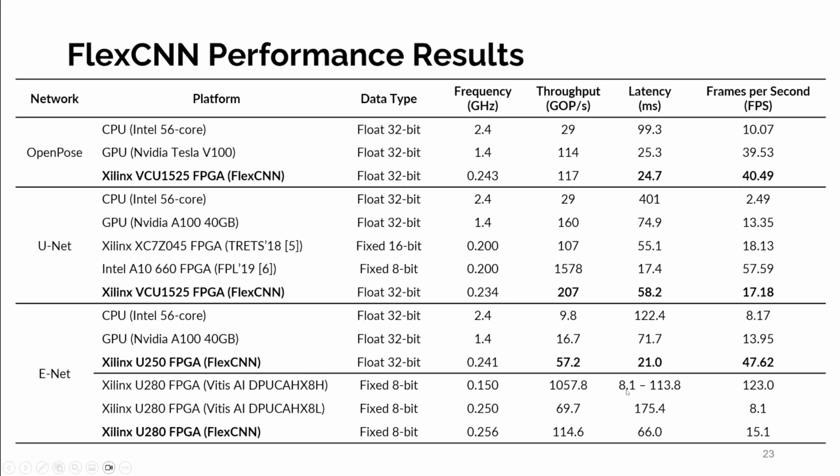But in terms of the latency, we could not calculate the exact latency because this data was not available, but according to our calculations, it could be between 8 and 113 milliseconds, while our accelerator achieves just 66 milliseconds. And for the throughput, compared to the latency optimized one, we also have slightly better results.